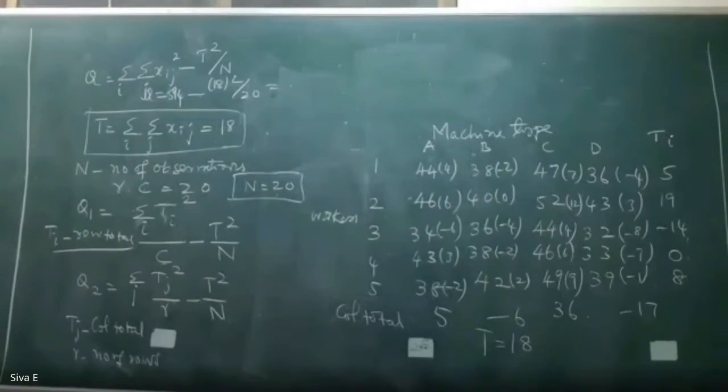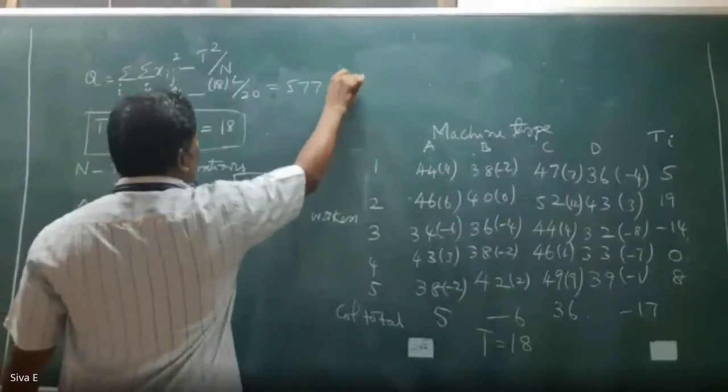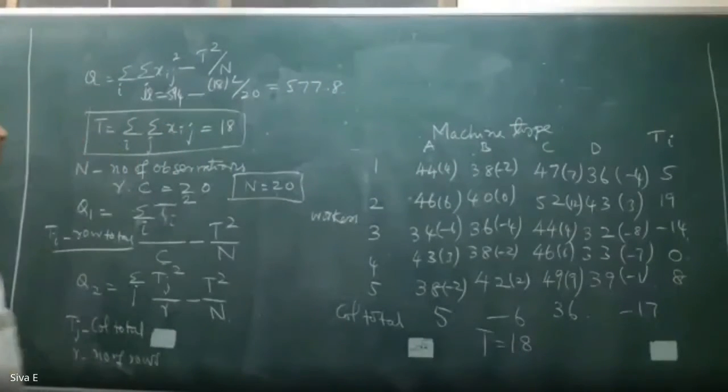Q is 594 minus 18 squared by 20. What you get? 577.8. Second, we have to find Q1.